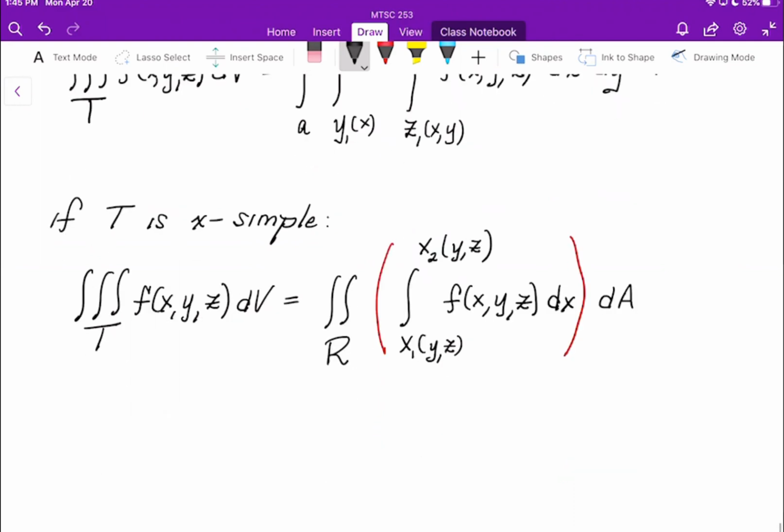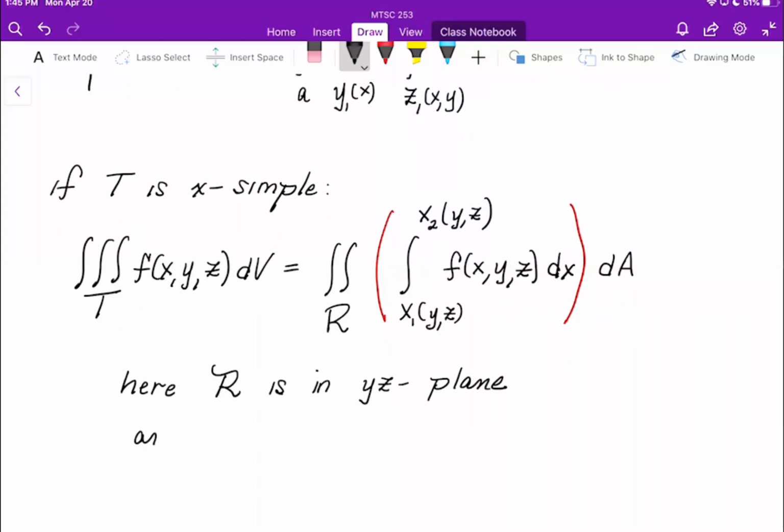And here, R is in the YZ plane. And dA is either dz dy or dy dz.